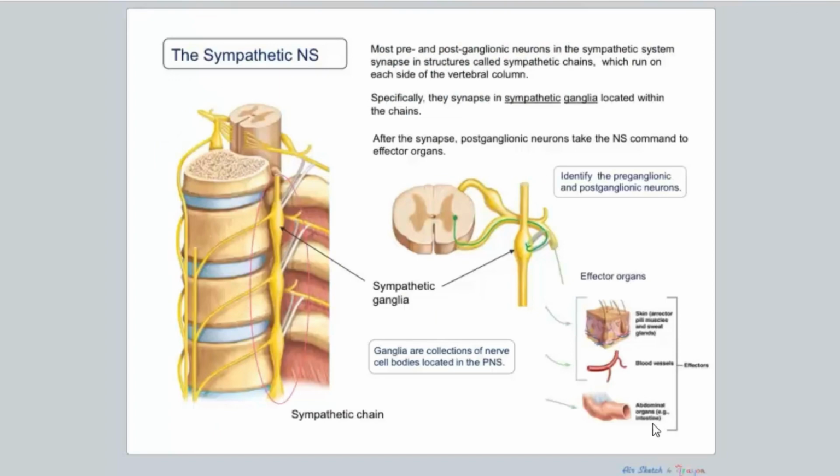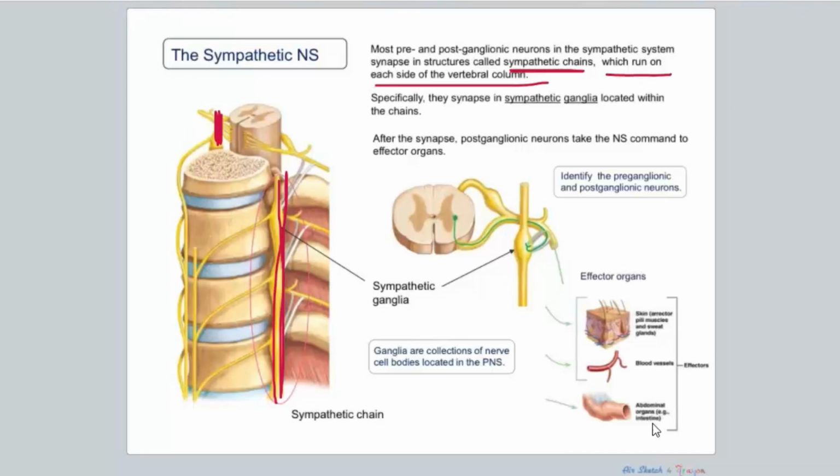Okay, so for the sympathetic system, most pre- and postganglionic neurons synapse in structures called sympathetic chains, and these chains run on each side of the vertebral column. This is a sympathetic chain right here, and there's one on the other side. And this is on your lab ID list, and it's on the torso model.